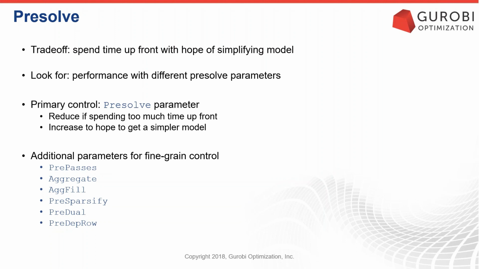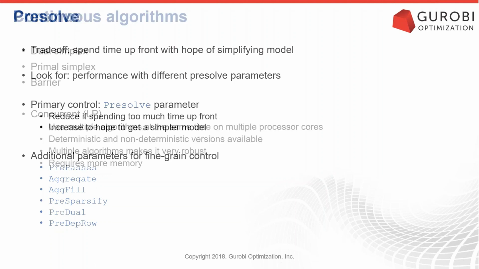You can control the aggregator, which is used to replace various parts of the model, for example, using existing equality constraints and so on. So there are multiple parameters, especially if Presolve takes more time. It's a good idea to take a look at these parameters and see if it helps to change them.